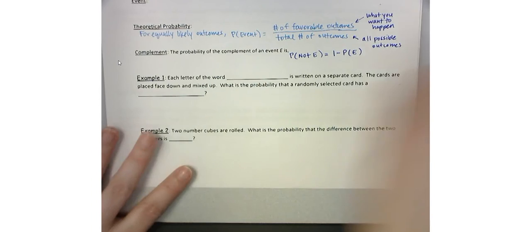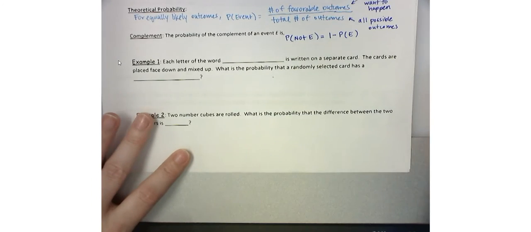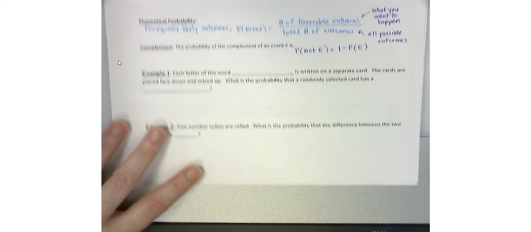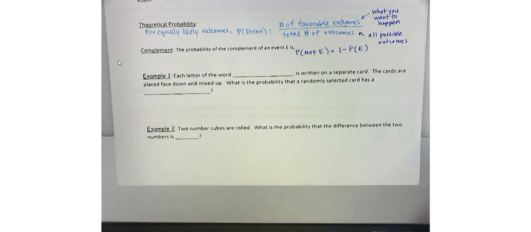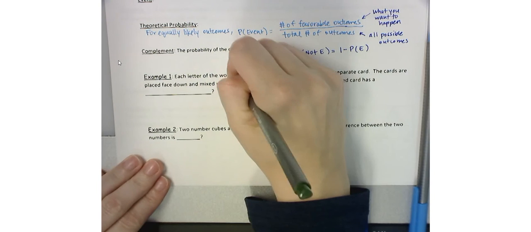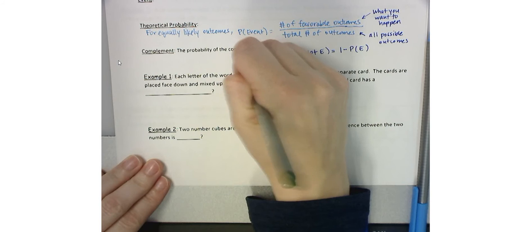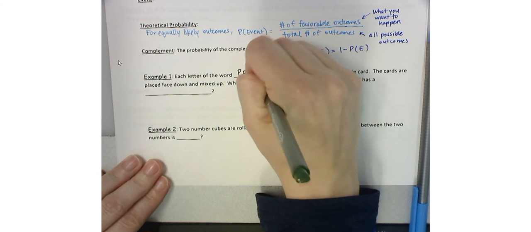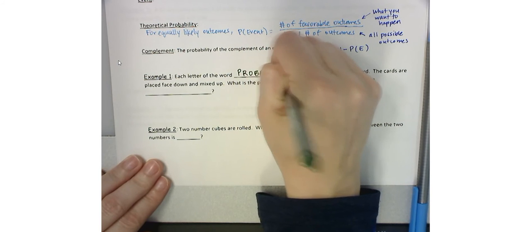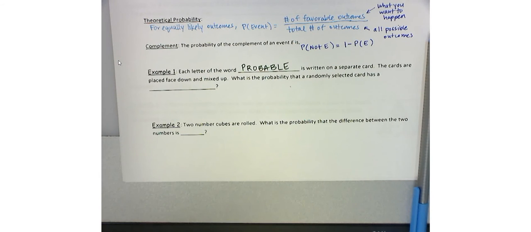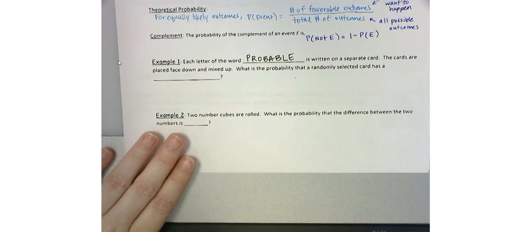For example 1, each letter of the word PROBABLE, P-R-O-B-A-B-L-E, is written on a separate card. The cards are placed face down and mixed up. We're going to find the probability that a randomly selected card has a consonant.